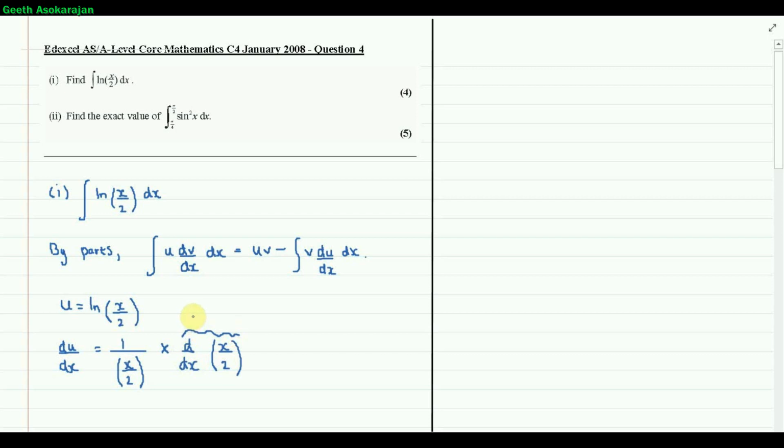When I differentiate x/2, we're going to get a half. To tidy this up, I'll do a side calculation: the half below will cancel with the half above to give me simply 1 over x. So that is going to be the result for du/dx.